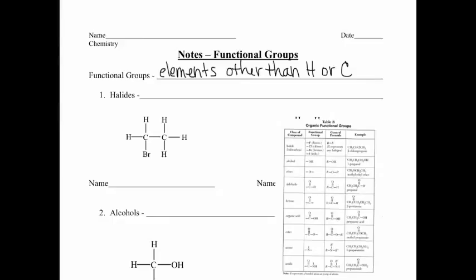And halides have F, Br, Cl, or I attached, so a group 17 element attached to it. So what we're looking at here, normally if you did not have that bromine, this would just be a 2-carbon hydrocarbon, which we would call, since it has a single bond, ethane. Since we have this bromine attached to it, we need to change the name a little bit to indicate that that's there.